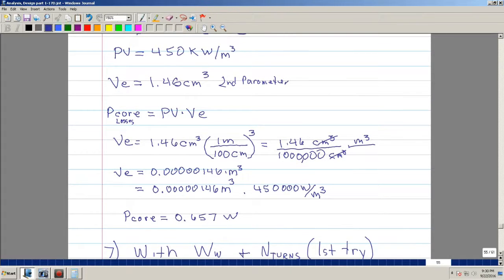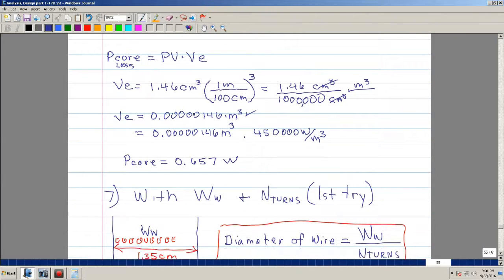So in this case, I converted the 1.46 centimeters cubed into meters cubed. Here's VE. This is VE right here.